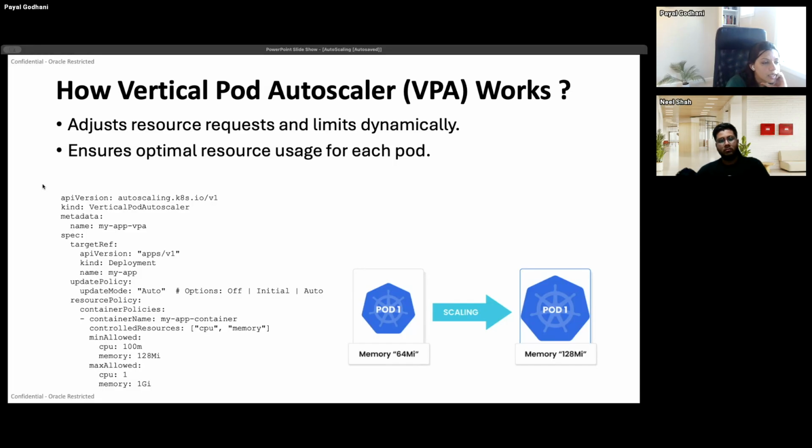For example, in this picture, you are seeing that your memory consumption is increasing beyond 64 megabytes, and you would want to go up to 128. So you're increasing the resources which are already allocated to the pod. Similarly for the CPU, you can increase it. Here it is 100 milli CPU, but you can go up to 1 CPU or 250 milli CPU.